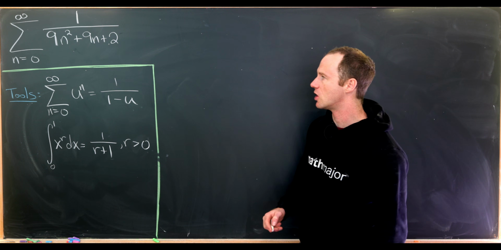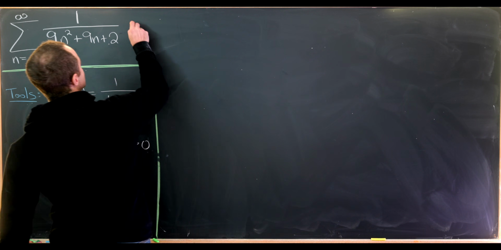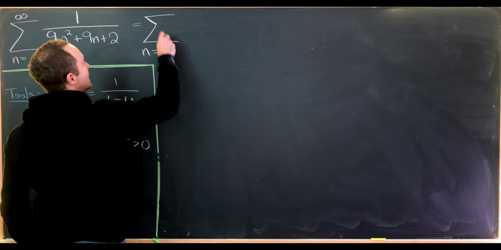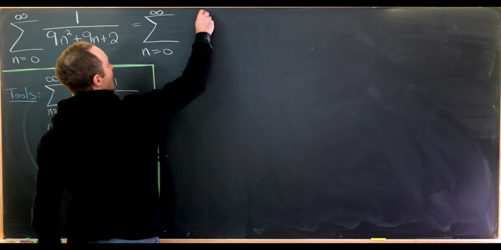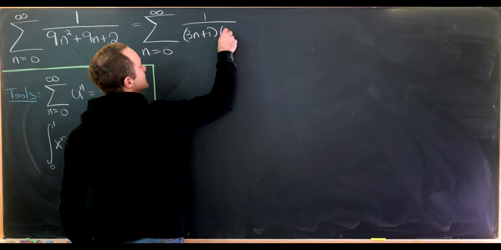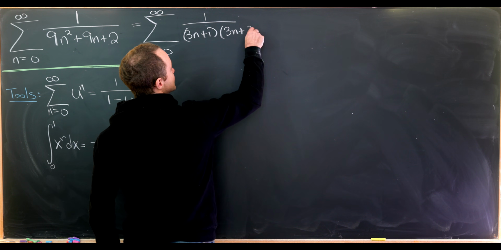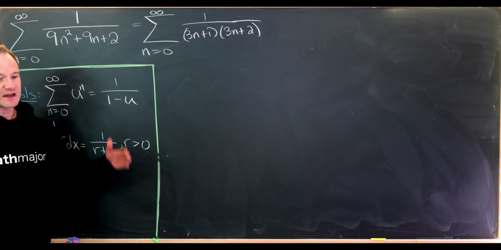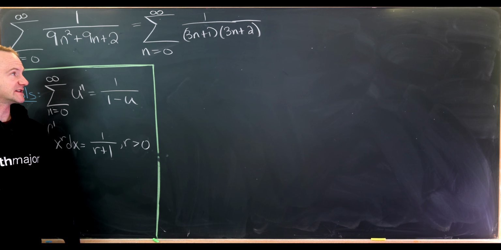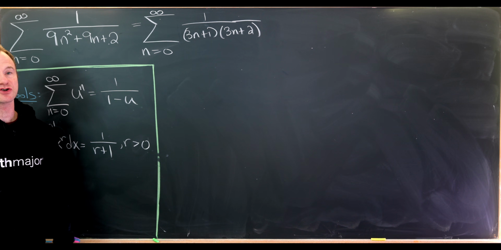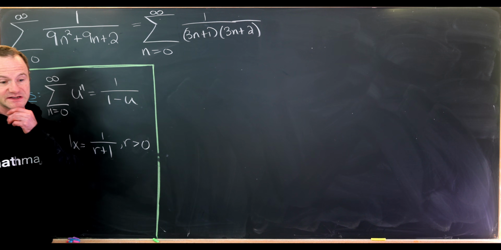Okay, so now that we've recalled those, let's get to this. So the first thing that we'll do is try to factor that denominator. And if you look at this, the denominator actually does factor quite nicely as 3n plus 1 times 3n plus 2. But now looking at that and thinking that sums are fairly similar to integrals, we'd like to see if we can apply integration techniques to simplify this sum.